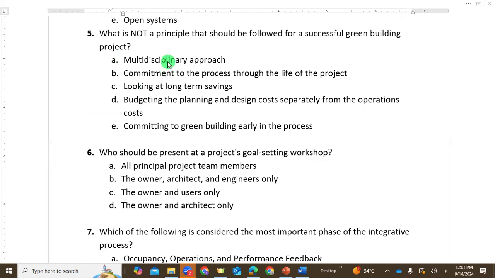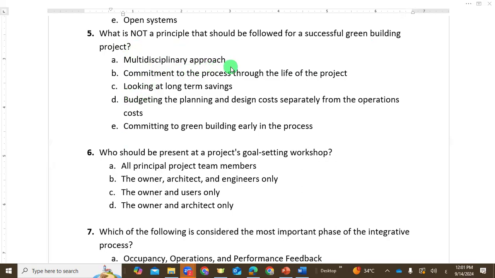This one you may not know at all, or you may know it, but they provide it wrong. So all of these are correct except one. What is not a principle that should be followed for a successful green building? So all of them are principles except one.